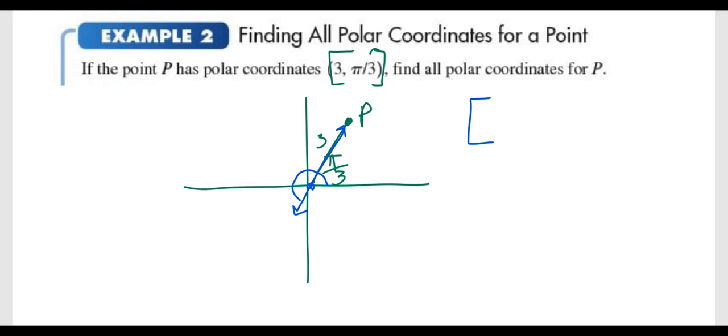Well, obviously, since we would be walking backwards, it would be a negative 3. But what would the angle measurement be? Because you're going halfway around the circle from pi over 3, so I guess that's going to be pi plus pi over 3. Well, that would be 4 pi over 3.